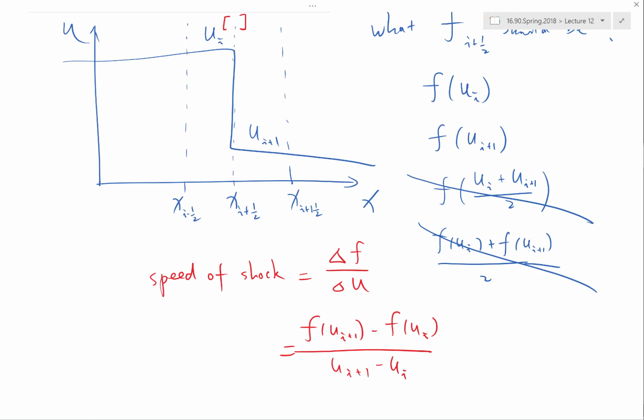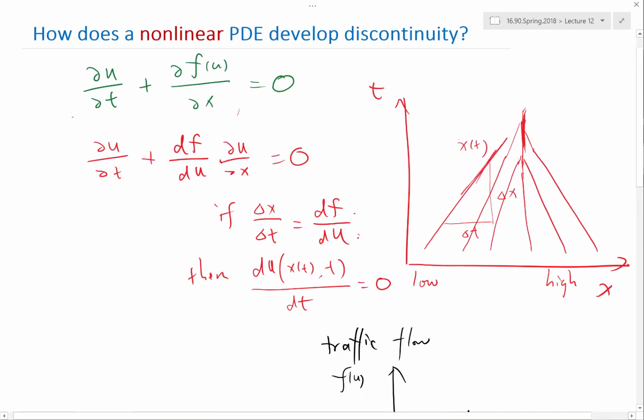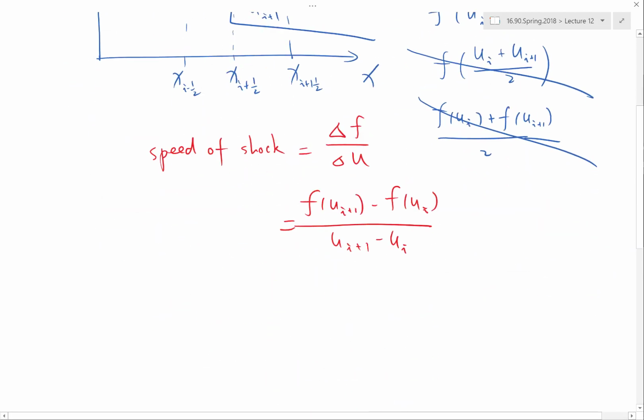df/du in the smooth region of the differential equation is called what? It is the slope of the characteristic. So the slope of the characteristic in the smooth region of the solution, when generalized to a finite delta f over a finite delta u, is the speed of the shock.